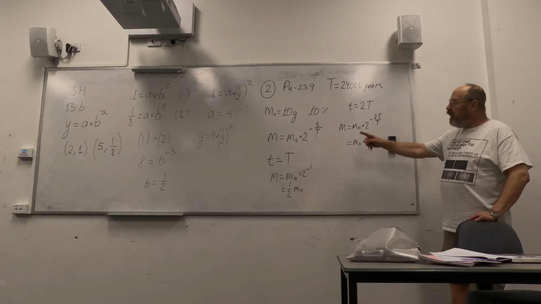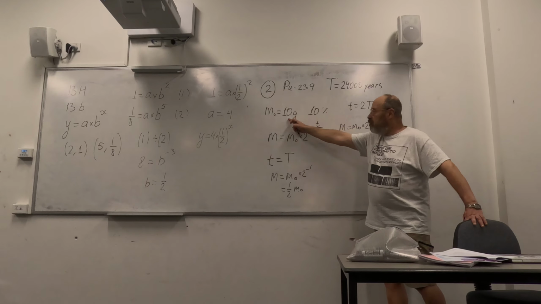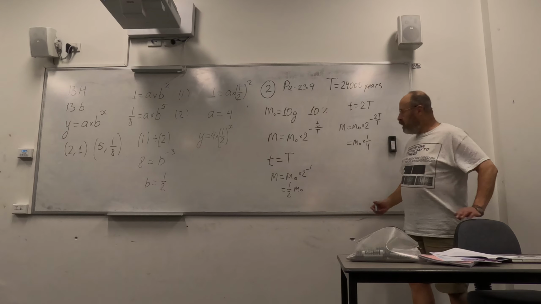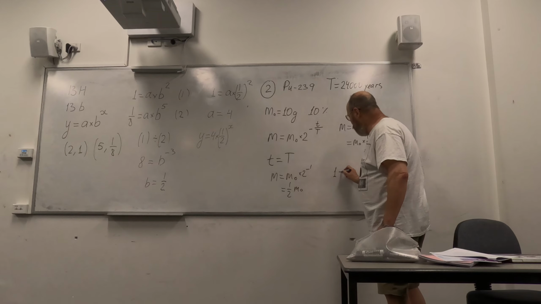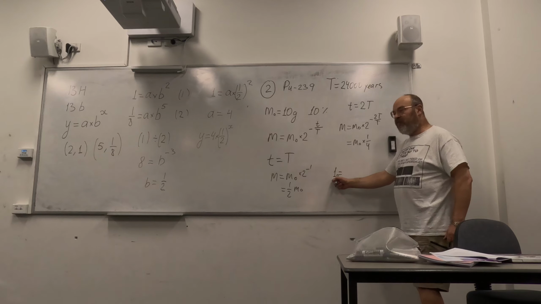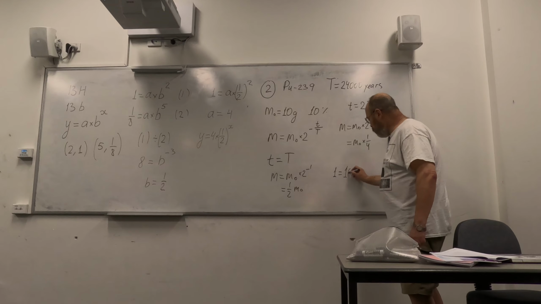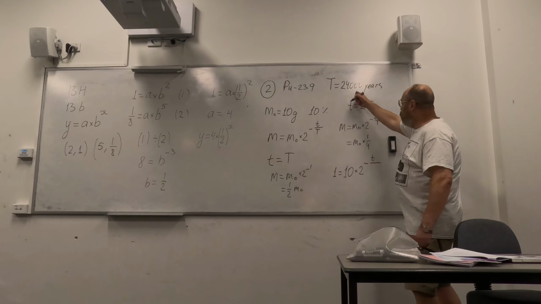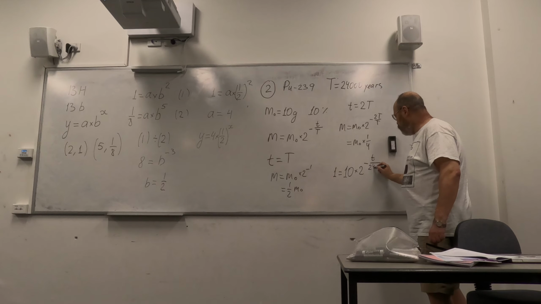Now, we have originally 10 grams and 10% left. 10% of 10 is 1. So we have the equation: 1 gram, what we have at the end, equals the original amount, 10 grams, times 2 to the power of negative t over 24,000.